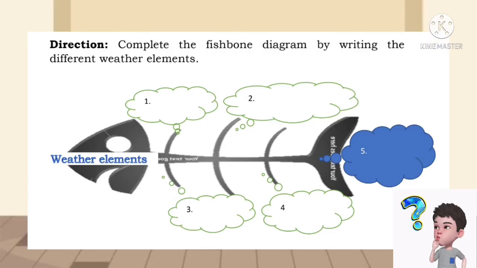Now, class, here's another task for you. For the direction, complete the fishbone diagram by writing the different weather elements. You are given 15 seconds to answer. Your timer starts now.